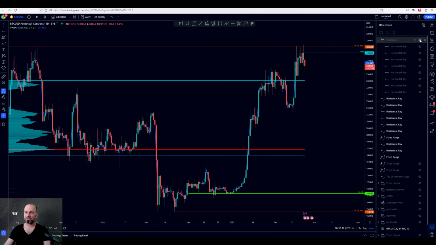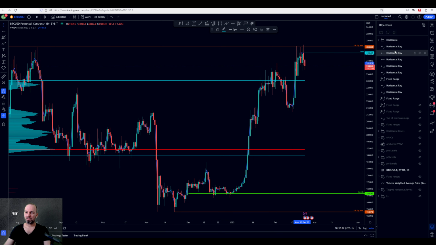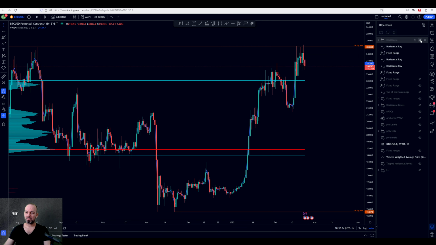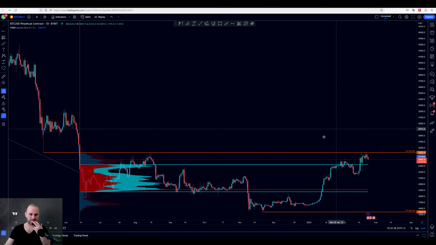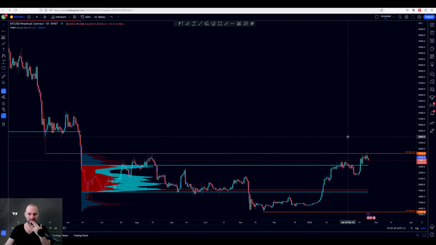And now we can hide this and everything should be fine. What else? Okay, those are our horizontal levels, and also we need to put a couple of things in here, like this one, this one, this one, this one, and this one. That should hide everything. Cool. So that is our horizontal levels. Cool. Now we have our ranges, we have our horizontal levels.